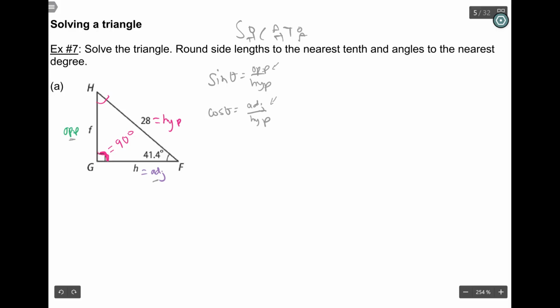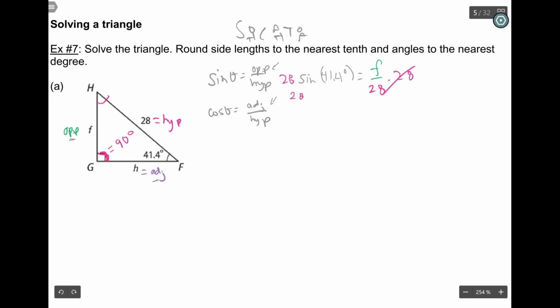Alright, so let's plug in our two numbers. Sine of 41.4 degrees is going to equal our opposite F divided by hypotenuse 28. If you multiply by 28 on both sides, you get F by itself.